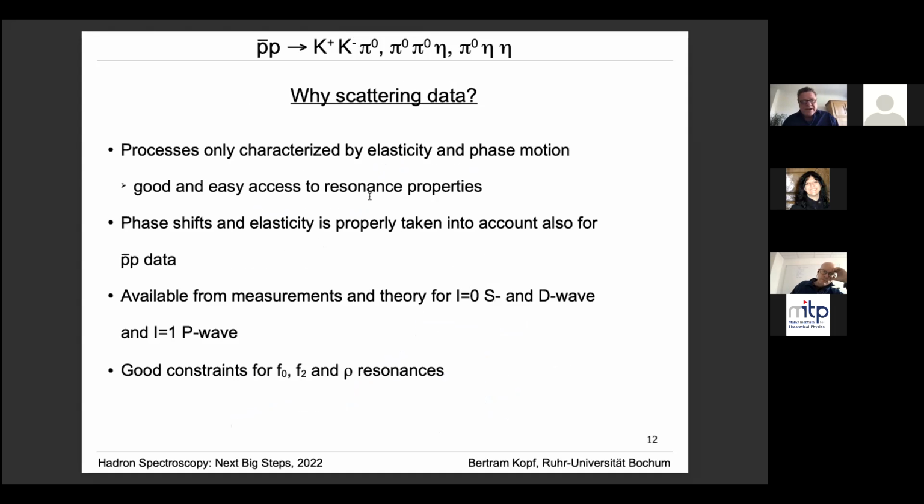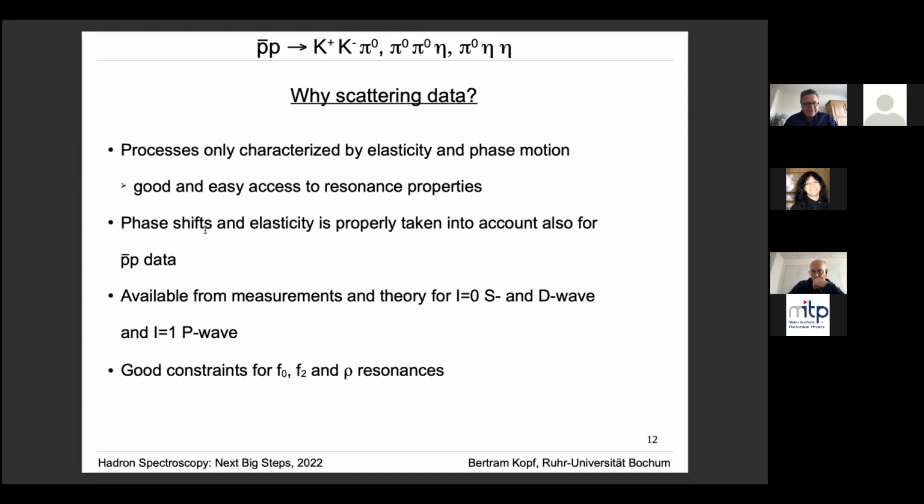Okay, and in addition, we are using ππ scattering data. And what is the advantage? As you know, a scattering process is only characterized by the elasticity and the phase motion. And this gives then really a very good and easy access to all the resonance properties and to the resonances which are contributing there.